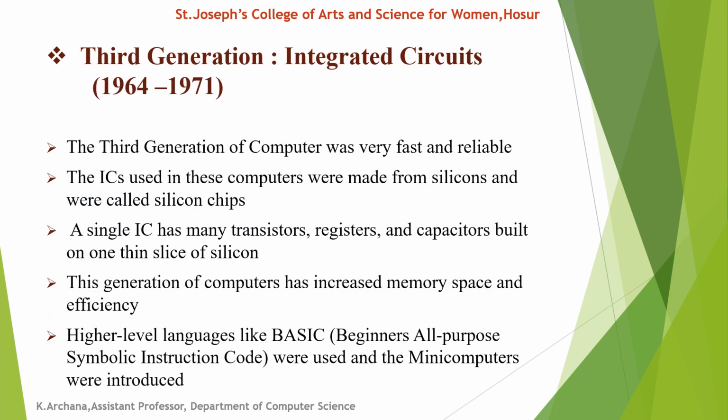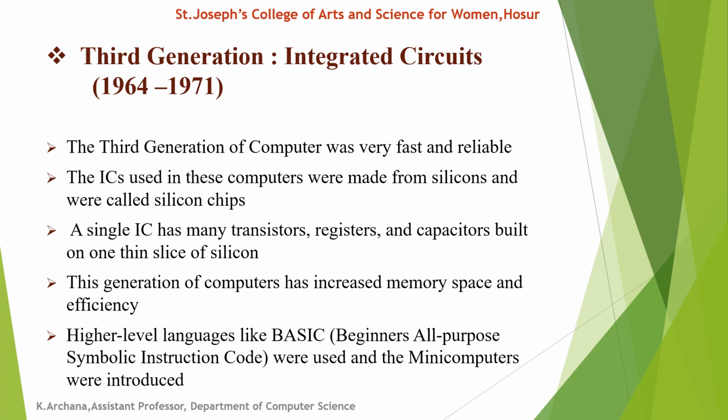The next one is the third generation, IC. IC means integrated circuit, 1964 to 1971. The third generation of computers was very fast and reliable. The ICs used in these computers were made from silicon and were called silicon chips.